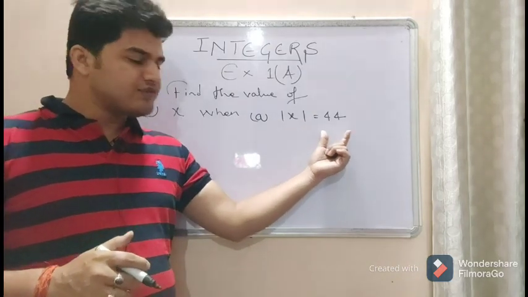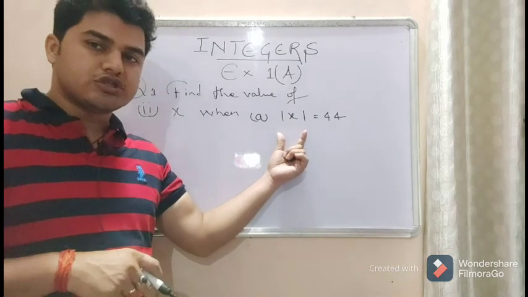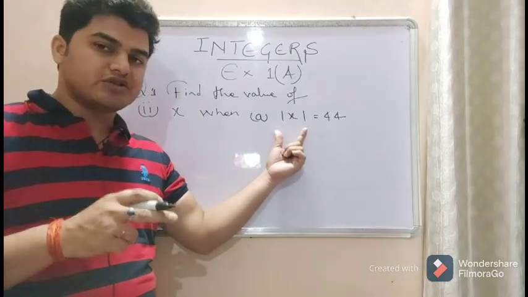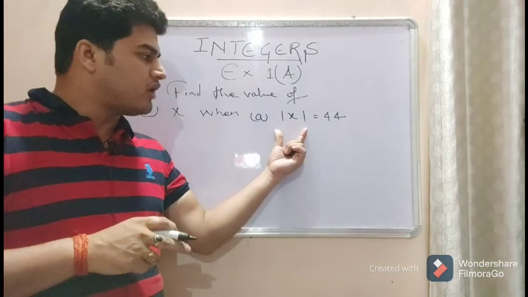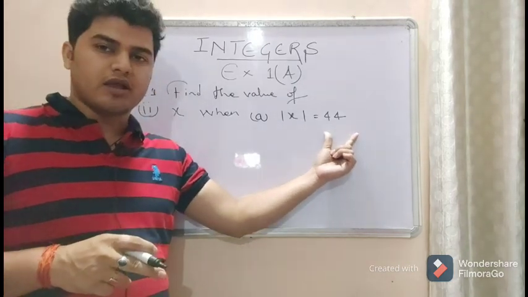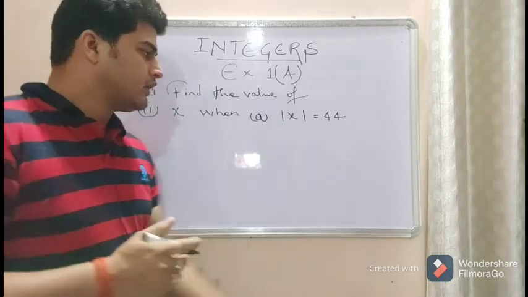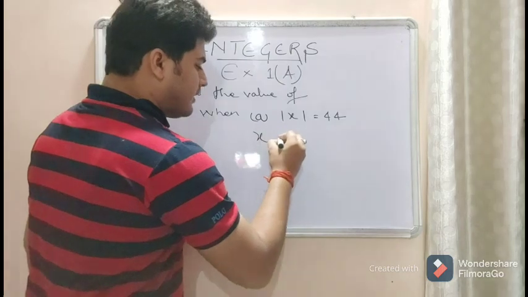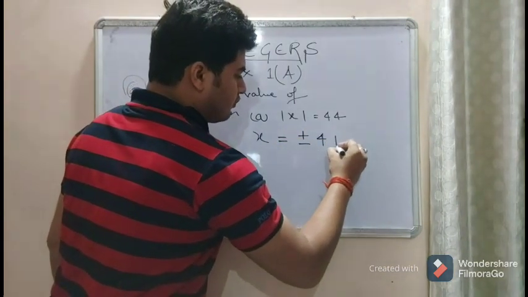So if the mod is 44, the number can be positive as well as negative. इसके अंदर जो नंबर है वो पॉजिटिव और नेगेटिव भी हो सकता है, क्योंकि पॉजिटिव 44 रहेगा तो उस पे मॉड फंक्शन लगेगा तो भी पॉजिटिव 44 आएगा, और नेगेटिव 44 रहेगा उस पे मॉड फंक्शन लगेगा तो भी 44 आएगा. So the value of x will be written as plus minus 44.